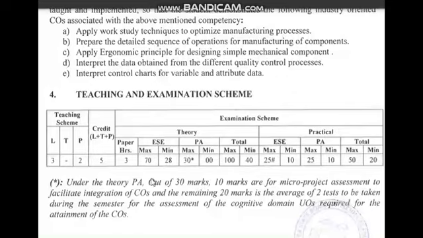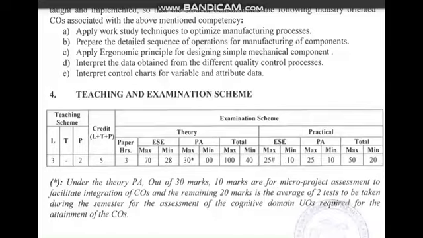So this course has a total of 150 marks. So this end semester exam, here it shows hash, that means this will have an oral exam conducted by the internal examiner. There won't be any external examiner for this.